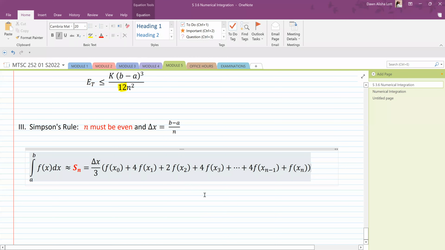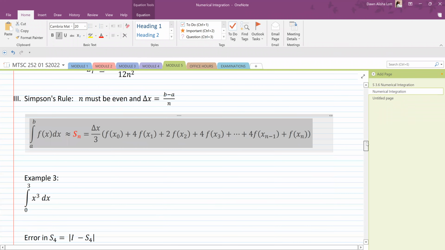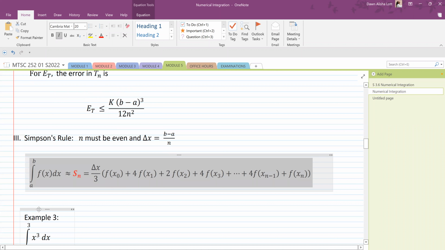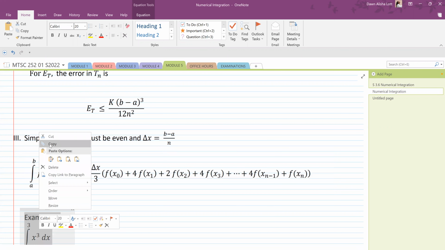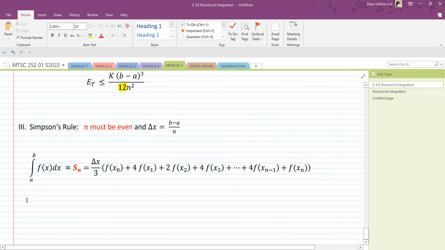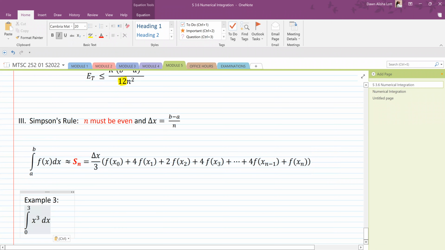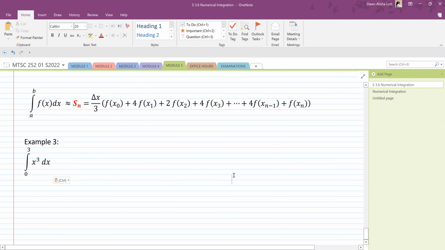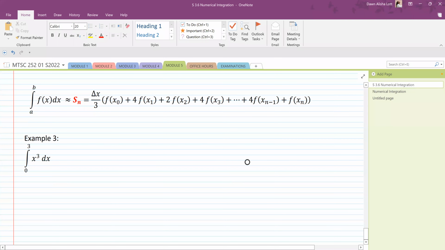So let's do the problem. Same interval. Now we're going to do the same integral, and this time we're going to do Simpson's rule. So n is equal to 4.